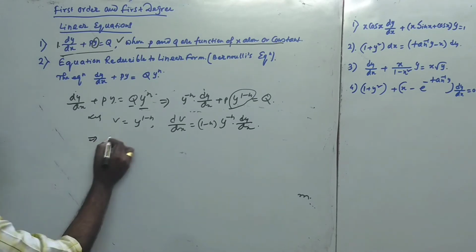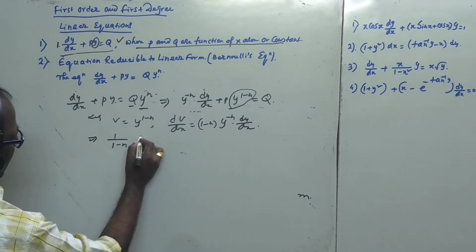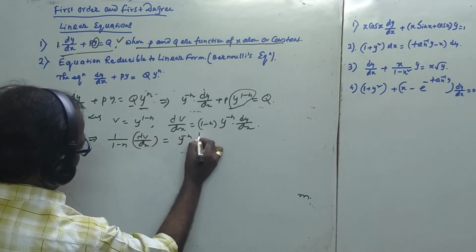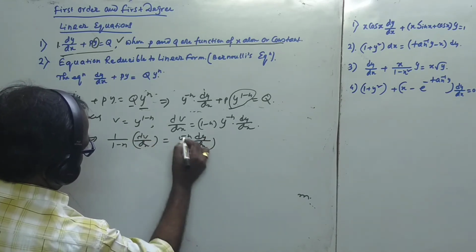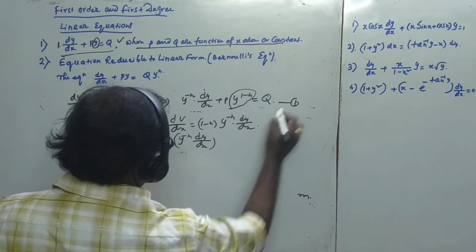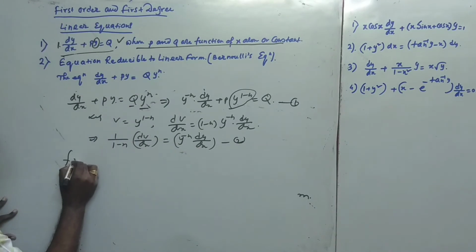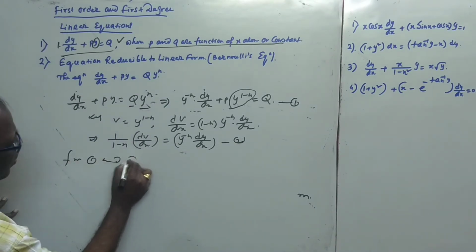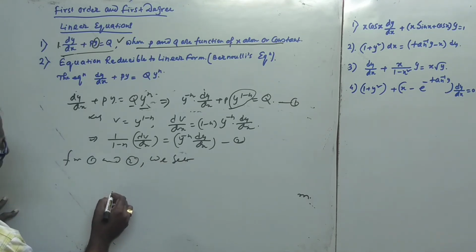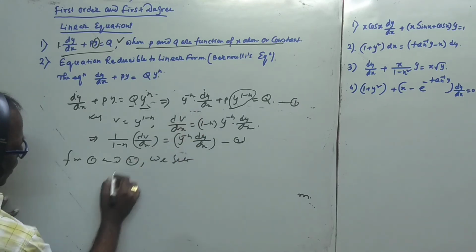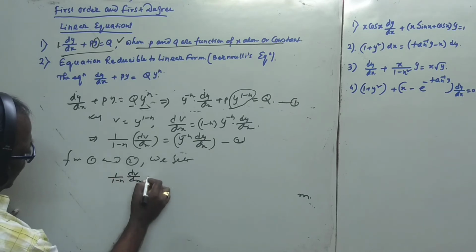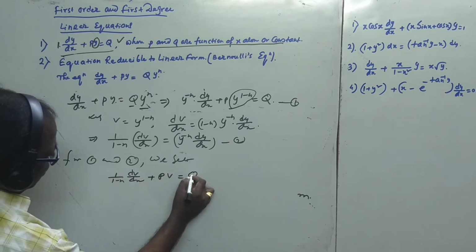So now 1 by 1 minus n times dv dx is y to the power minus n dy dx. This is 1, and this is 2. So from 1 and 2 we get 1 by 1 minus n dv dx plus pv is equal to q.